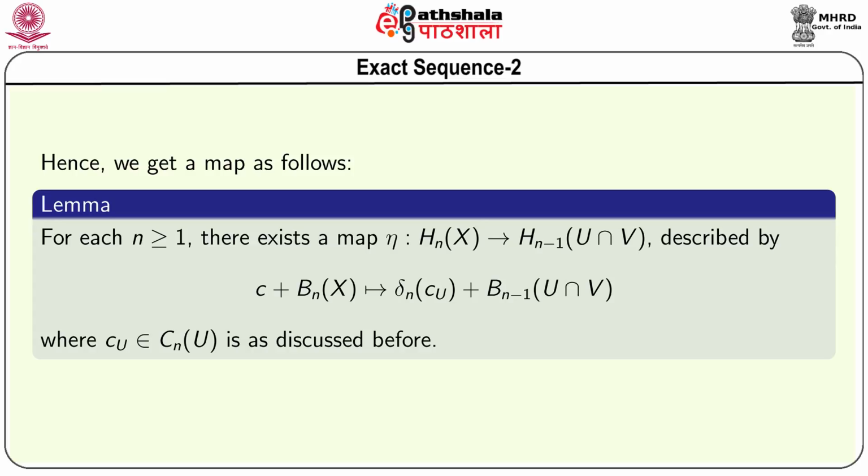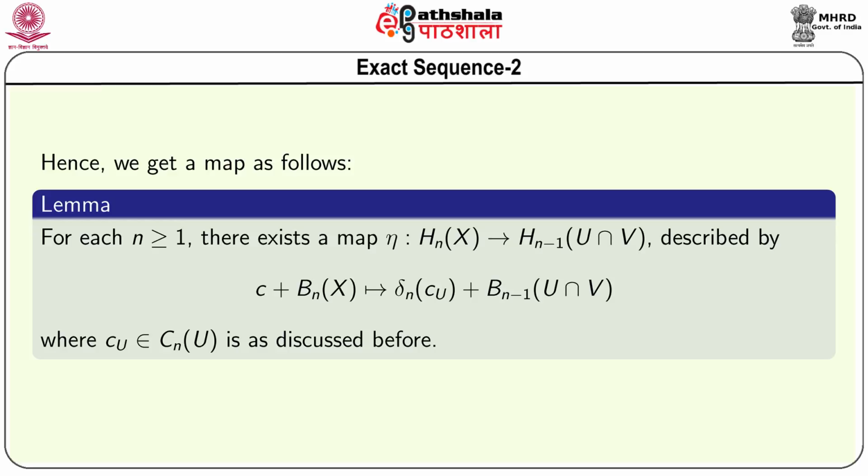We state it as a lemma. It can be seen very easily that if c is homologous to c_u + c_v and also to b_u + b_v, where c_u and b_u are in C_n(U) and c_v and b_v are in C_n(V), then ∂_n(c_u) + B_{n-1}(U ∩ V) is equal to ∂_n(b_u) + B_{n-1}(U ∩ V).